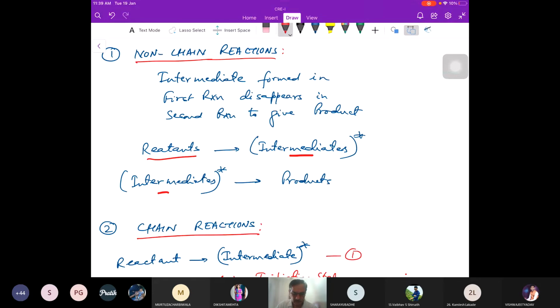It's non-chain. Why is it a non-chain? Why do you call it a non-chain reaction? Okay, we'll look at chain and then you'll realize what is non-chain.